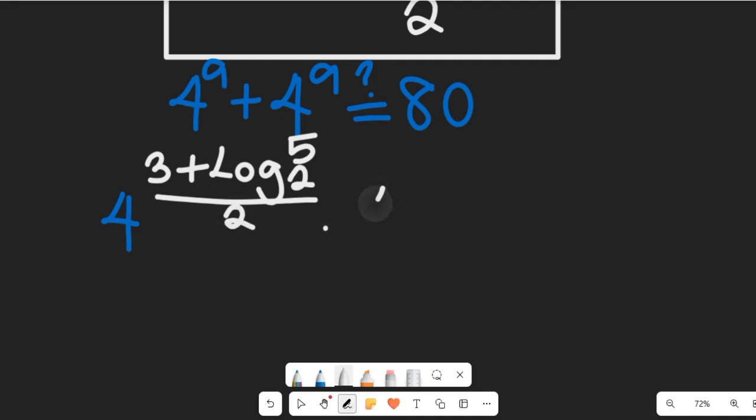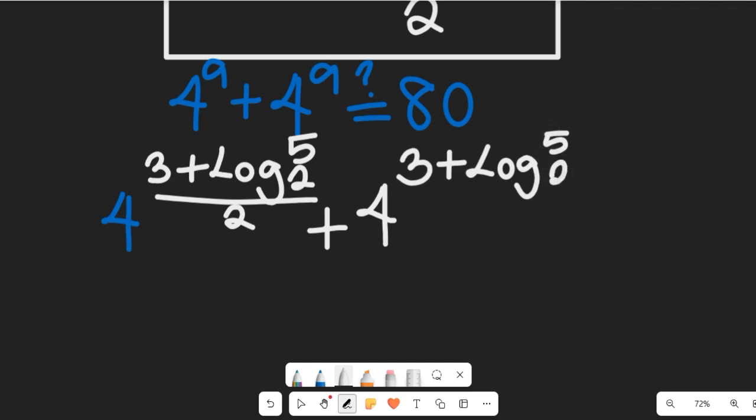This is adding, not multiplying. 4 to the power of 3 plus log of 5 base 2 divided by 2. Now, will this be equal to 80?